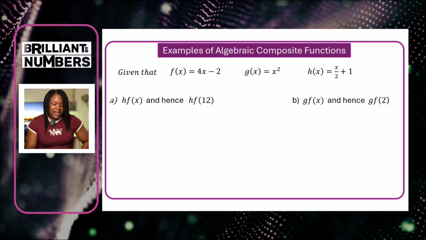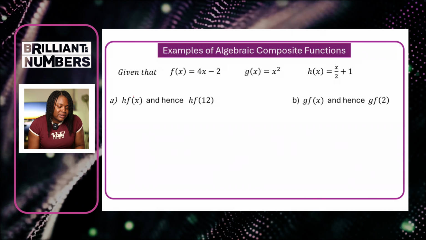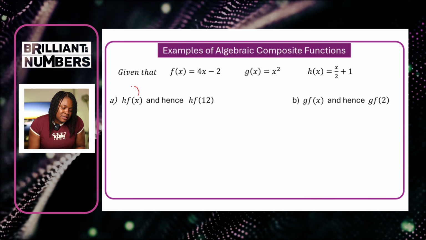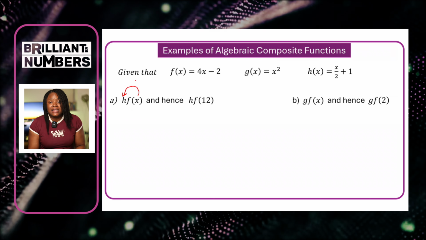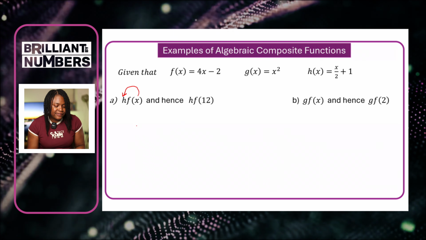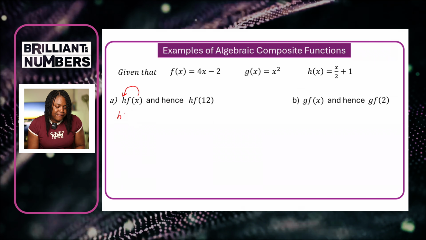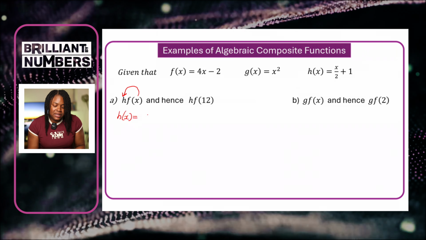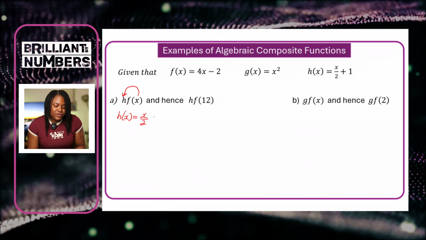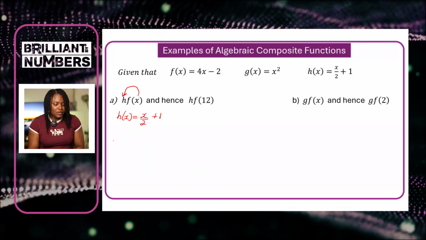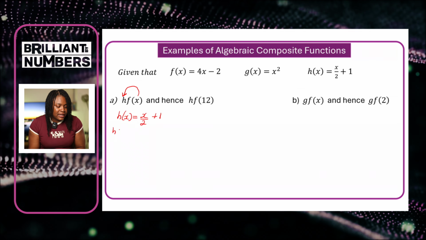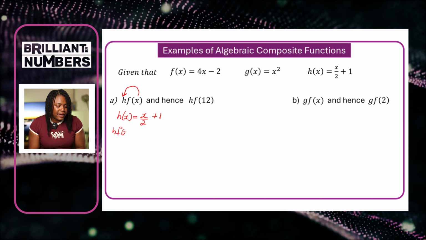Brilliant. So here we're going to first of all put the function f into the function h. I start off by writing the function h. So h of x is given to be x divided by 2, add 1. I now want to find h of f of x.